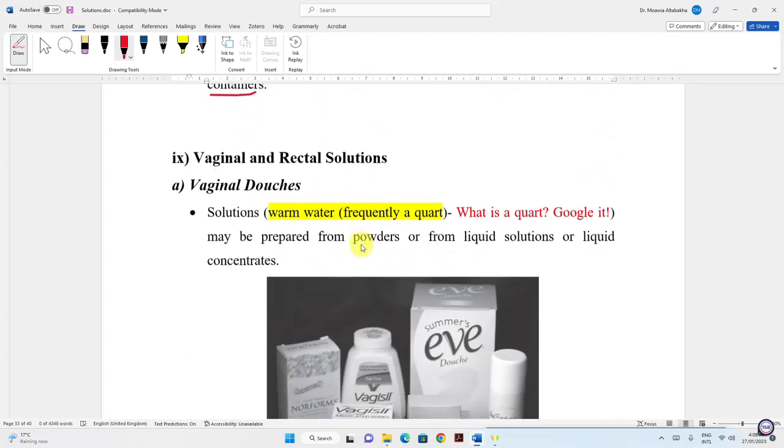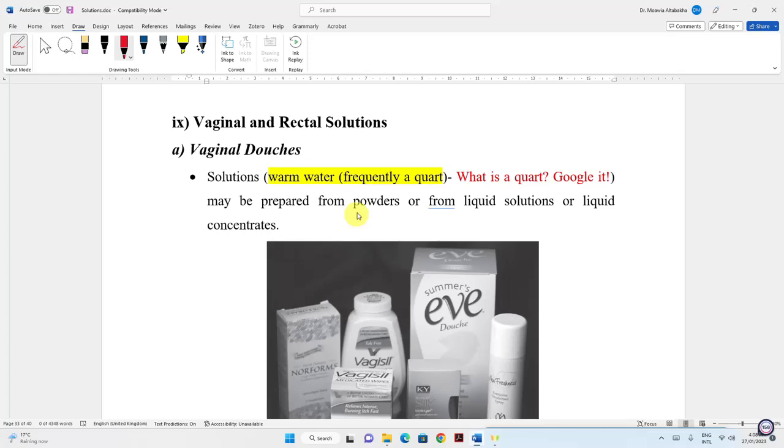Okay. Now other preparations including vaginal and rectal solutions. Okay, vaginal and rectal solutions. We'll start with vaginal preparations, which we call vaginal douches. Vaginal douches are used to clean the vaginal area and deodorize that area.